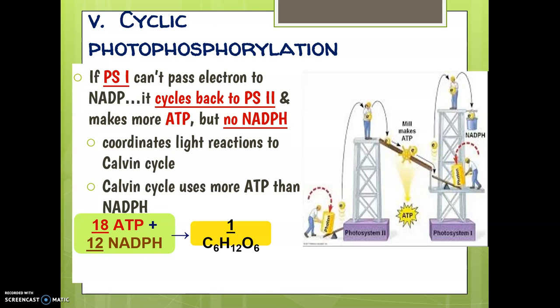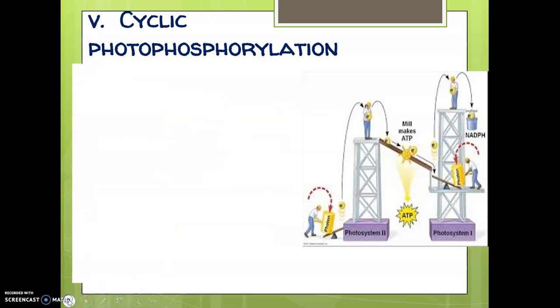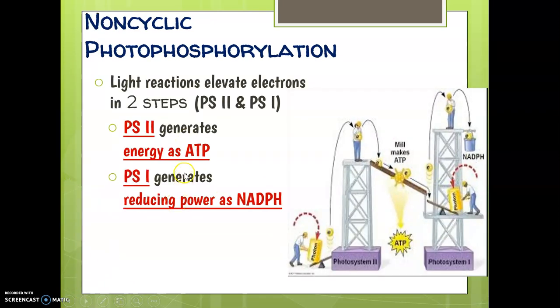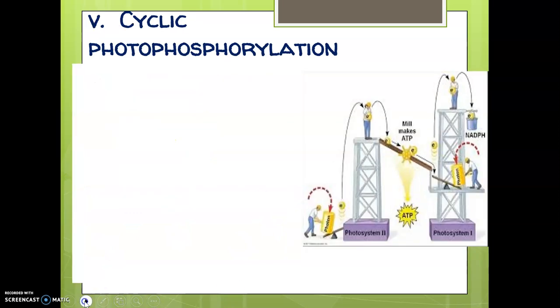They're very self-sufficient, okay, because they make all of the food on their own and they do it very, very well. Okay, so here we're talking cyclic because it cycles back to PS2. So we kind of go in this circle of if PS1 can't do this, then we're going to go back to PS2. But for non-cyclic, if our PS2 can do it, then it goes to PS1 and then it's going to go to the Calvin cycle automatically.